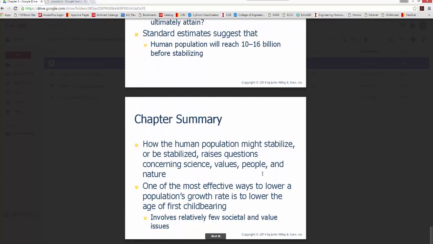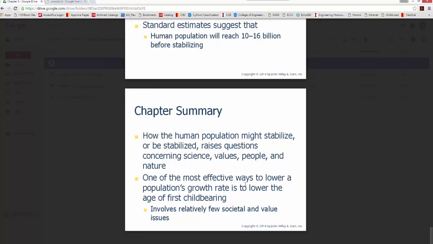We've also talked about how we may stabilize population. However, when we do that, we're not just talking science, we're also talking values, religion, and what we are used to living with, a standard of living. And we've identified here one of the ways to stabilize a population is to lower the age of first childbearing.